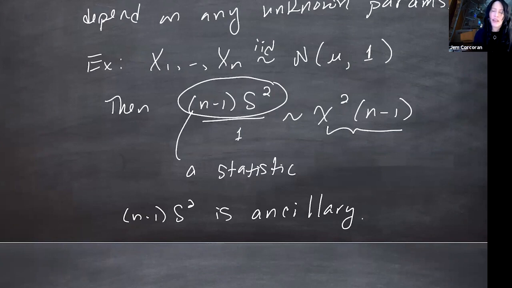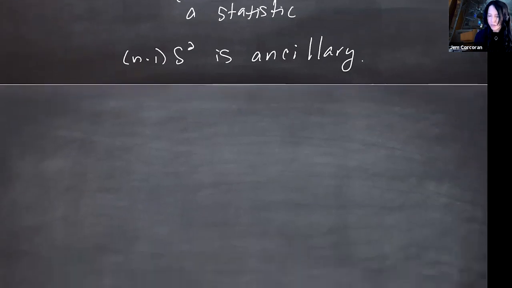And this seems like an opposite of sufficient statistics, because sufficient statistics contain all of the information about the parameter, and these contain none of the information about the parameter. I think I'll just state quick ways to find ancillary statistics.